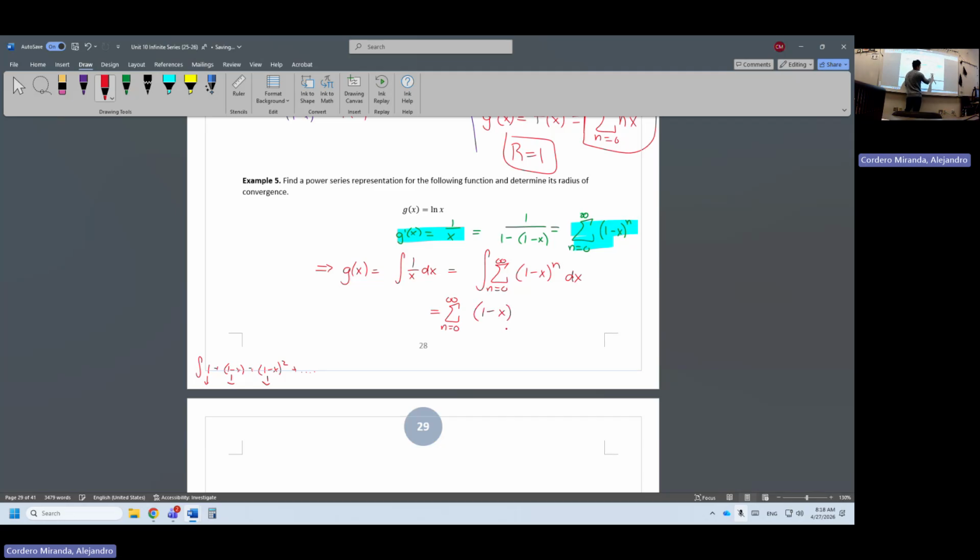antiderivative of 1 minus x to the n would be 1 minus x to the n plus 1 over n plus 1. Like, it's just the antiderivative of this. However, I kind of oversimplified because this is 1 minus x. So I don't think I want to get into the super detailed. Wait a second.